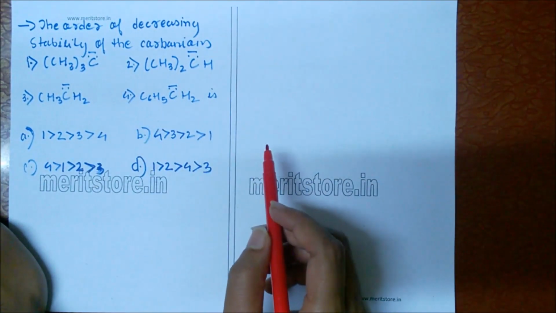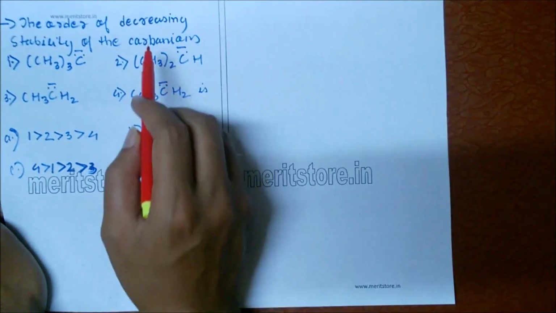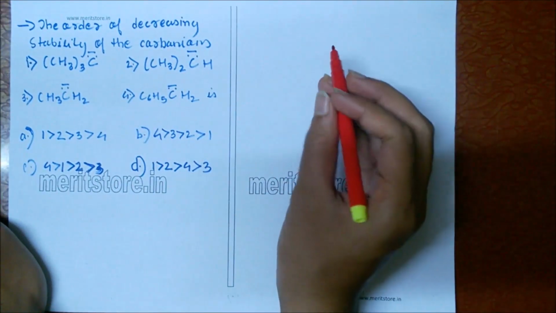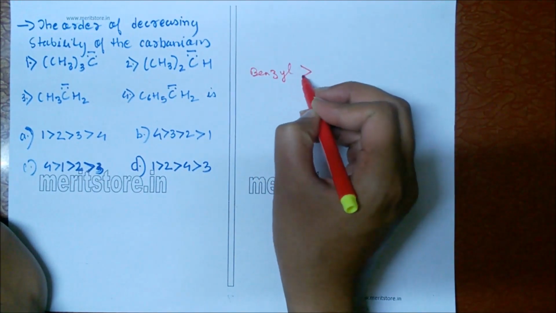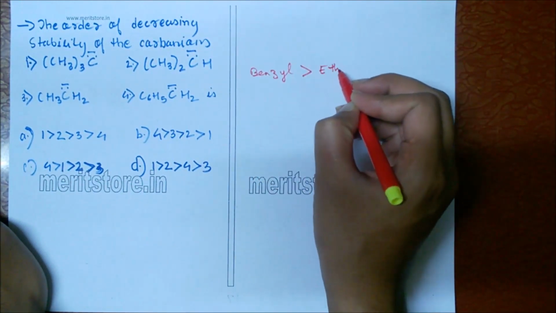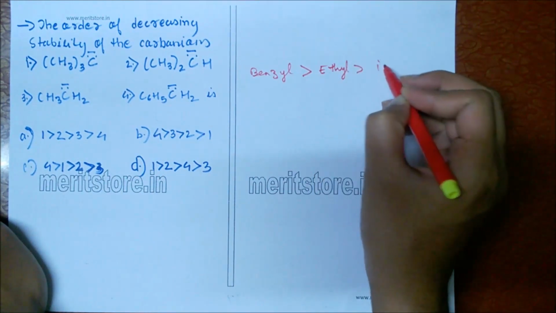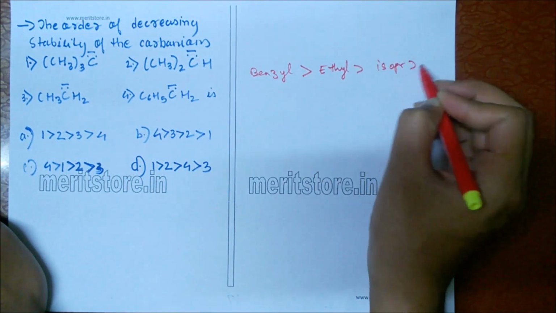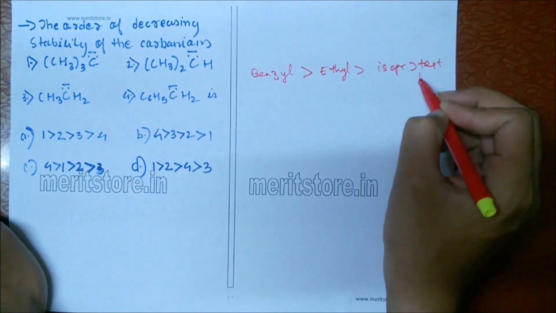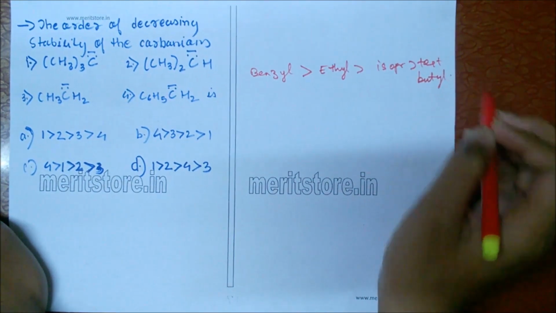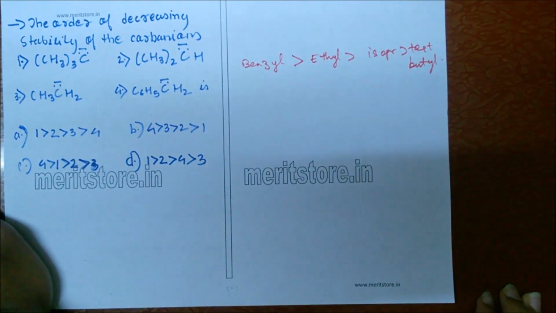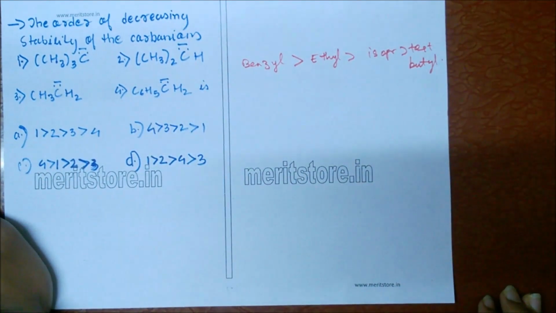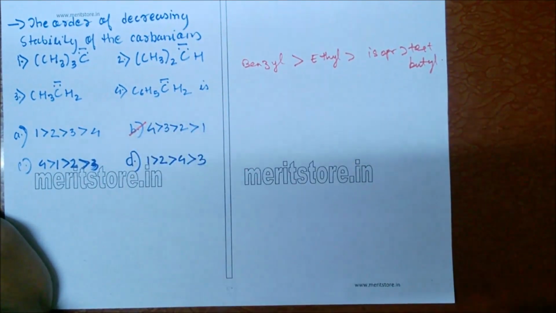Of all these, the order of decreasing stability is: the most stable is benzyl carbanion, then ethyl, isopropyl, tertiary butyl. As the side chain increases, plus I effect increases, so carbanion stability decreases. So option B is the correct answer.